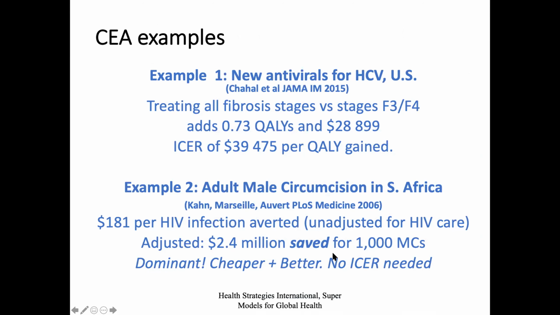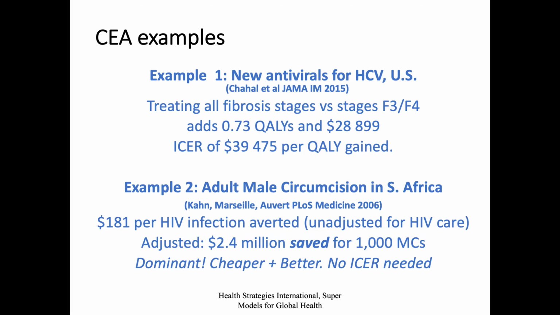There are two examples I like to talk about. One I'll just mention, that's example 2, adult male circumcision in South Africa. We compared doing adult male circumcision to not doing it. And we found that it cost $181 per HIV infection averted in this part of South Africa without adjusting for HIV care.